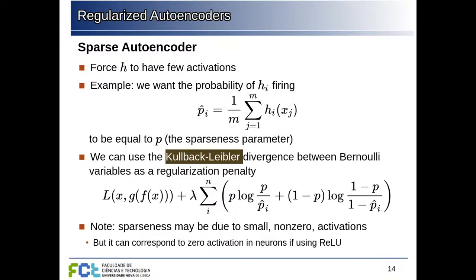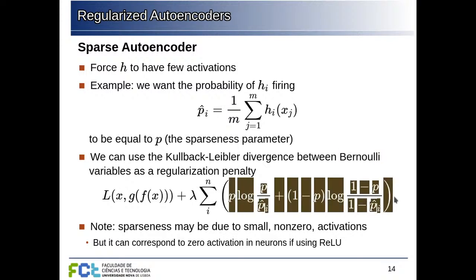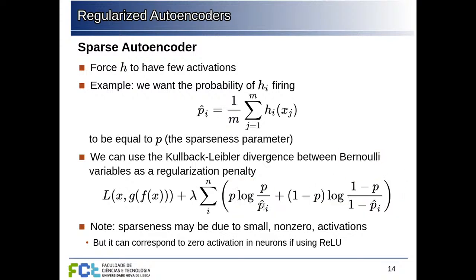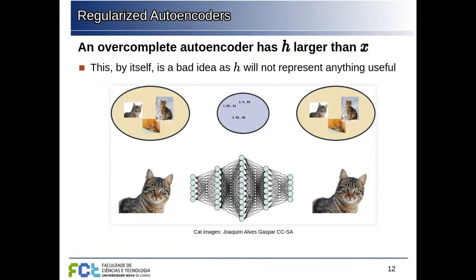We can consider these to be Bernoulli variables because for each example, the neuron may fire or not, and then we are presenting sequences of examples or batches of examples, and we measure simply the divergence between what we are observing in these batches, that is the average firing of each neuron, and the probability with which we would like the neurons to fire.